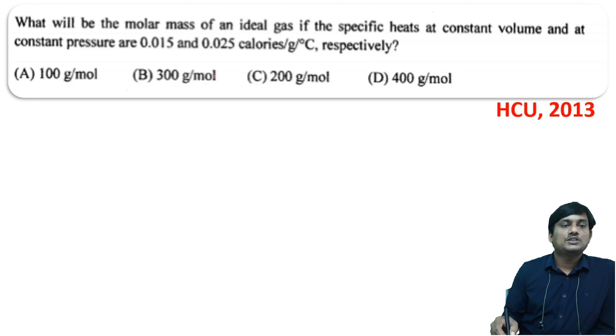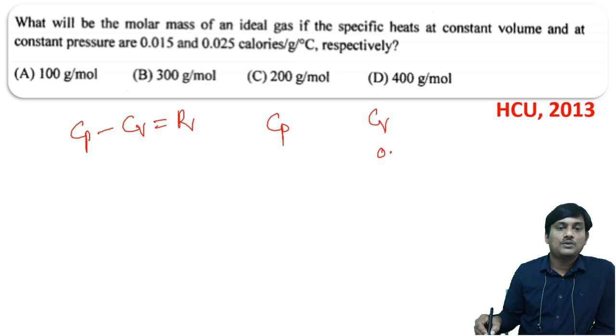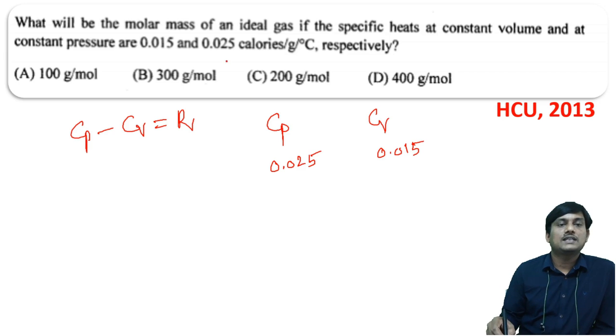We know the relation between Cp and Cv: Cp minus Cv is equal to R. Cp and Cv are given in calories per gram per degree centigrade. This is Cv, 0.015, in terms of grams, and Cp, 0.025, also in terms of grams.